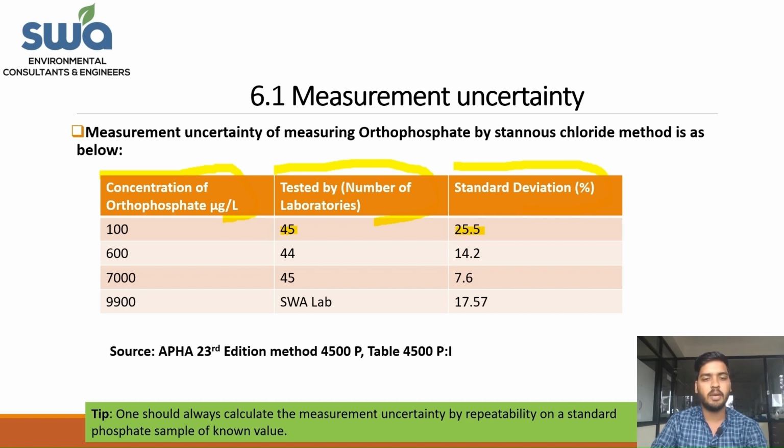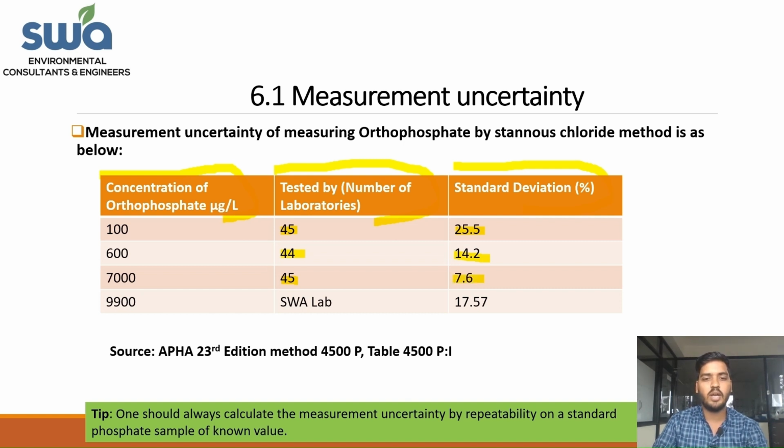For 600 microgram per liter, which is 0.6 milligram per liter concentration, tested by 44 different laboratories, the standard deviation derived was 14.2%. For 7000 microgram per liter, which is 7 milligram per liter concentration, analyzed by 45 different laboratories, the standard deviation derived was 7.6%.